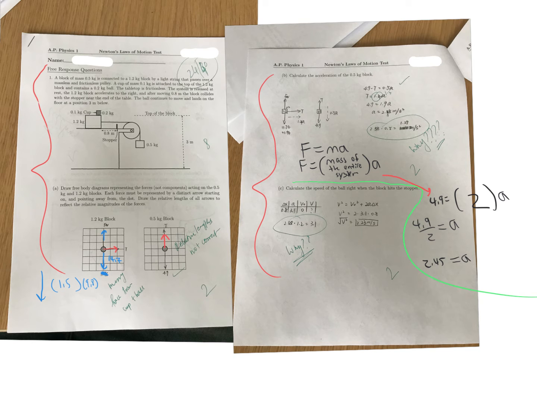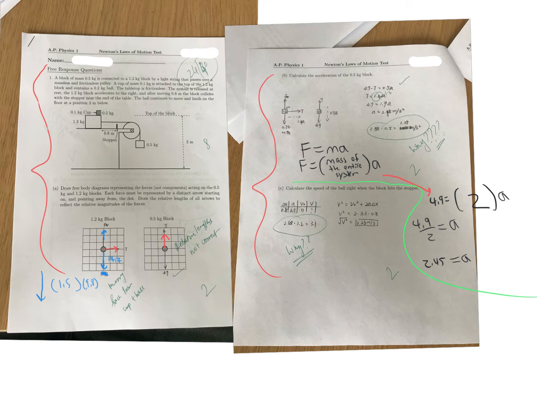The original velocity is 0, so it looks like my student's ignoring that. Ignoring it in a good way, right? We don't have to write 0 on the next line. We're looking at 2 times the acceleration, but the acceleration is 2.45 times the distance. So I think that's what we need to do.